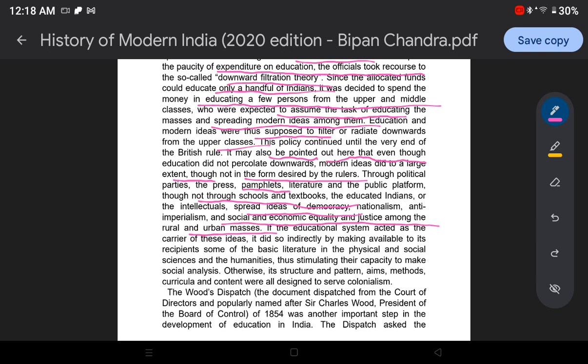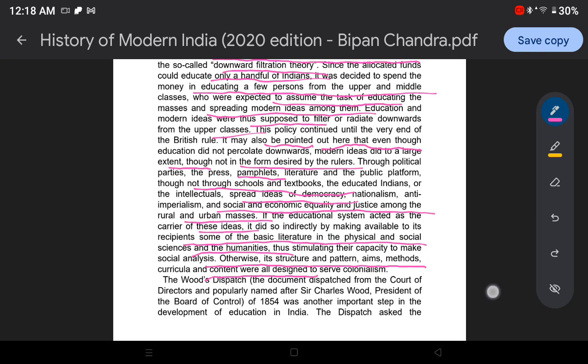If the educational system acted as the carrier of these ideas, it did so indirectly by making available to its recipients some of the basic literature in the physical and social sciences and humanities, thus stimulating their capacity to make social analysis. Otherwise, its structure and pattern, aims, methods, curricula, and content were all designed to serve colonialism.